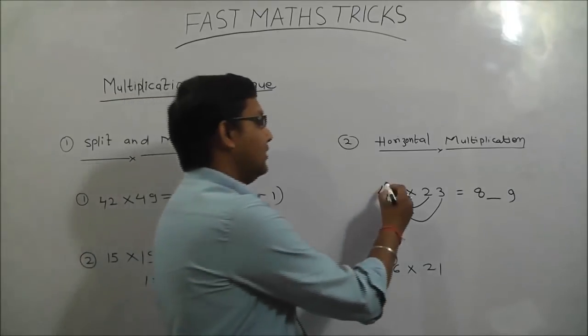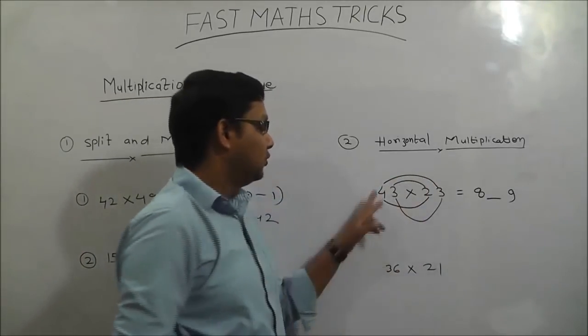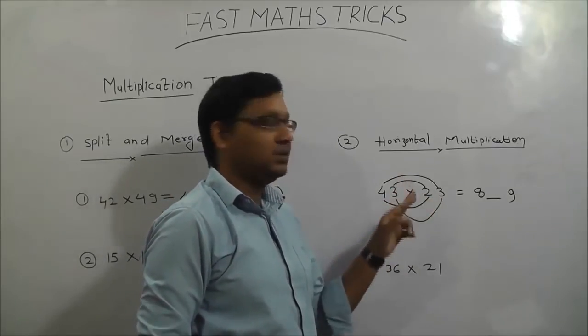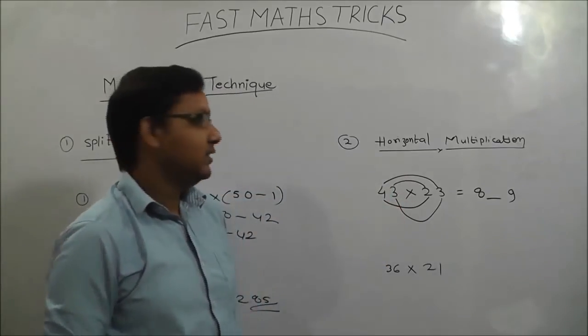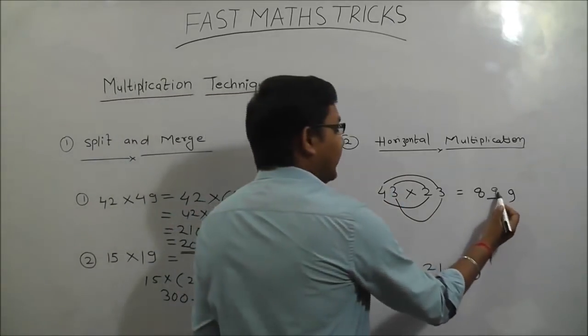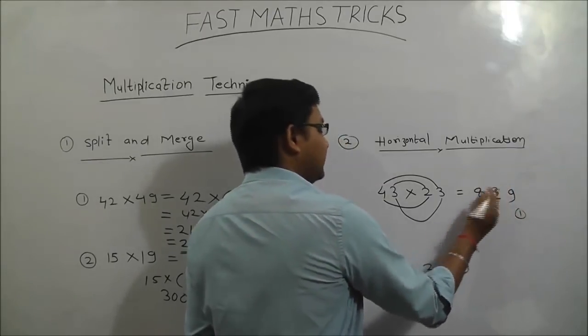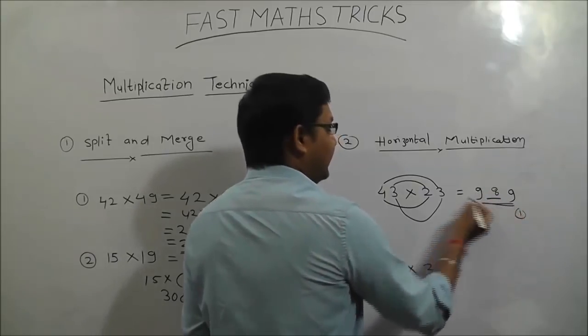Okay, so after leaving one place, write 9. Then you multiply 4 into 3 plus 3 into 2. 4 into 3, 12, plus 3 into 2, that is 6. 12 plus 6, how much? 18. So 18, and see, 1 is the remainder, so add 1 to this term. So 8 will become 9. So the answer will be 989.